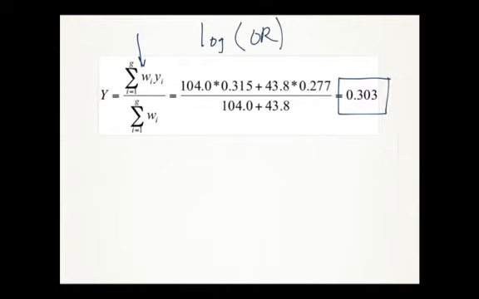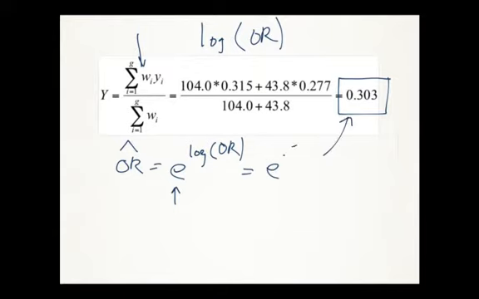We discussed in the previous lecture why we work with the log of the odds ratio. And if we want to get back to the actual odds ratio instead of the log of the odds ratio, we take e to the log of the odds ratio. We know that exponentiating is the opposite of the log, so these things cancel themselves out. So e to the 0.303, which is the log odds, if we exponentiate that, we get 1.35.